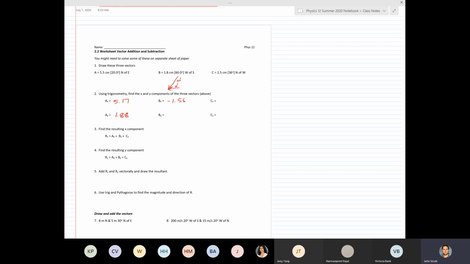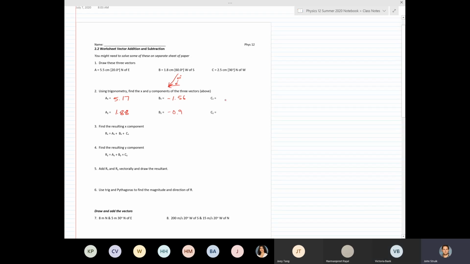This one is negative 0.9, north of west, 2.5 cos 36 is negative 2.02, I think.